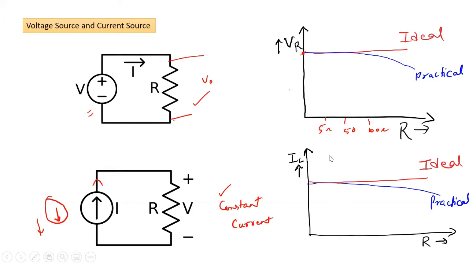Here you can see in the graph that the current value is ideally constant. So sources always provide either constant voltage or constant current, and depending on which, we call them a voltage source or a current source.